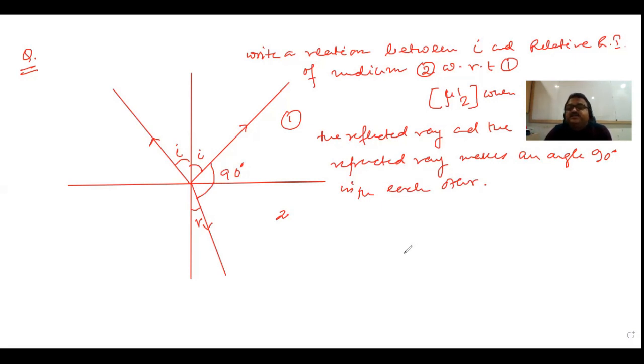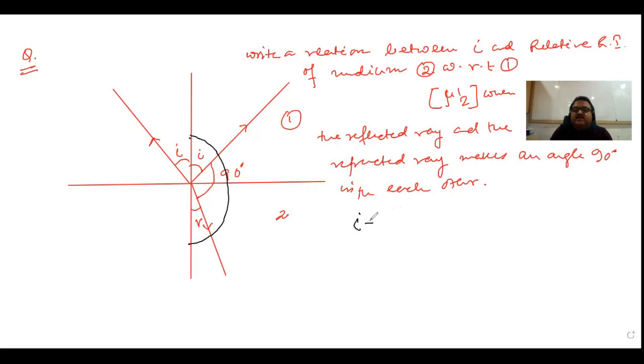So what to do then? Look at this. If you follow this diagram, let me use a different color so I can give you a clear understanding. If you watch, this is a straight angle, correct? This angle is 180 degree. And the intermediate angle is 90. So what can we write?